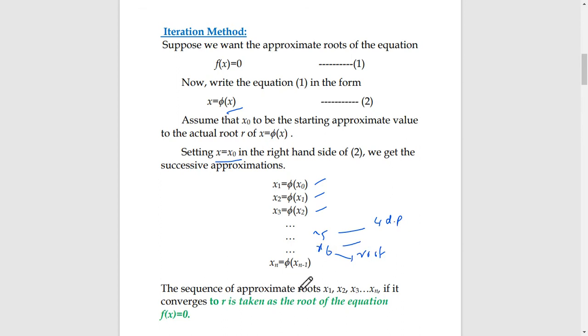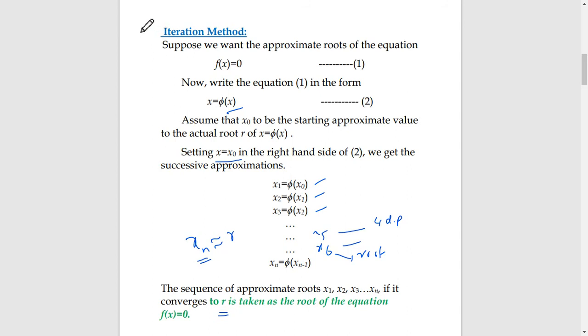If the sequence of approximate roots x1, x2, and so on, xn converges to r, that means xn is very close to r, then we say that xn is the root of the equation f of x equal to 0. So this is the iteration method.